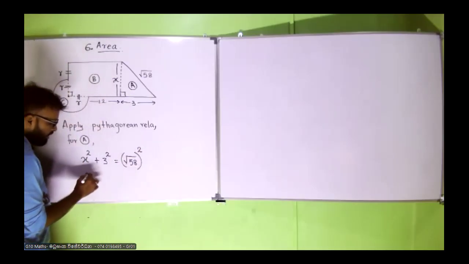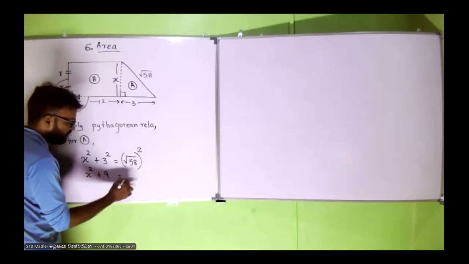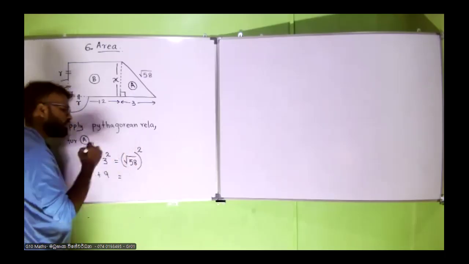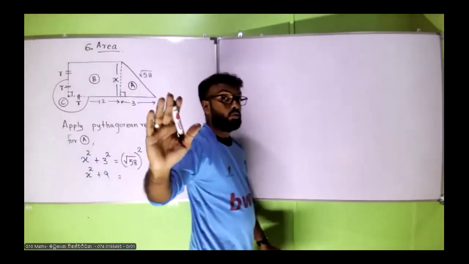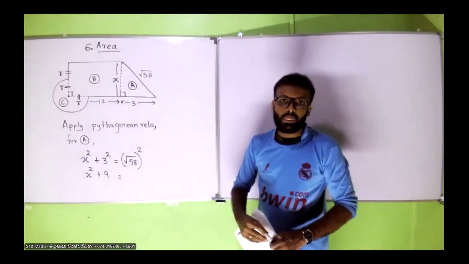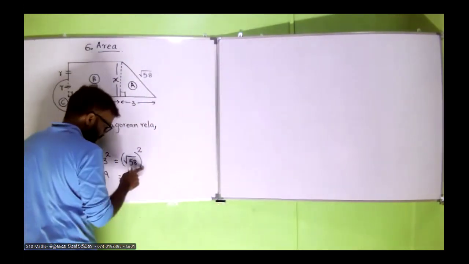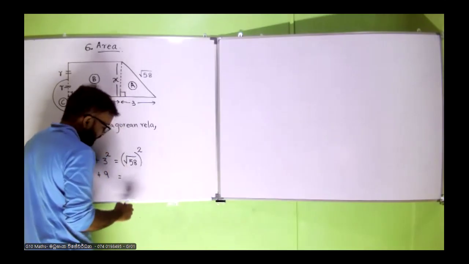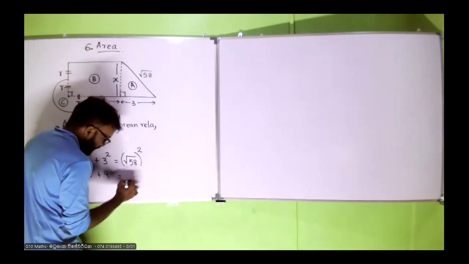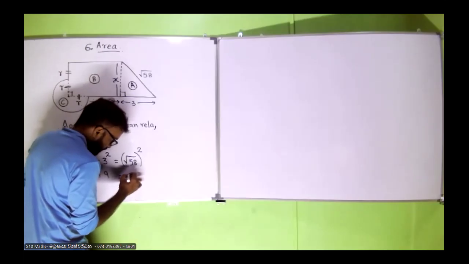X squared plus 9 equals... can anyone tell me what is the value of this one? I have told you hundreds of thousands of times. Go to the speed revision and see it, and if you cannot remember, refer to the recordings of the second lesson.